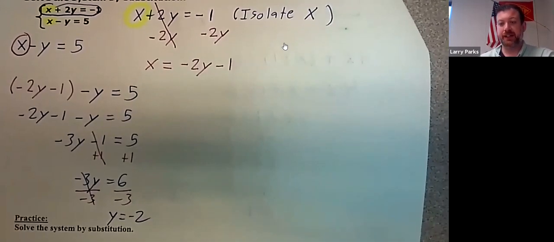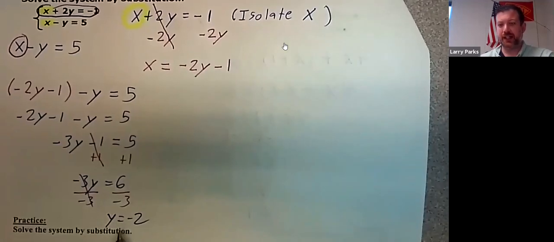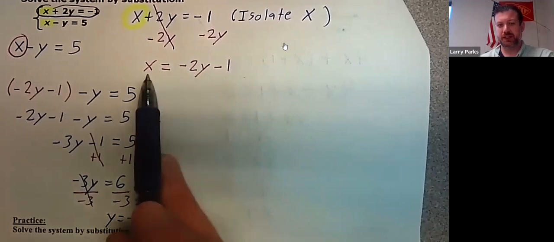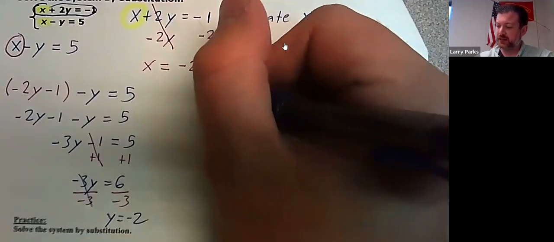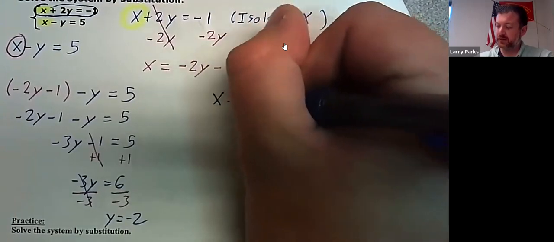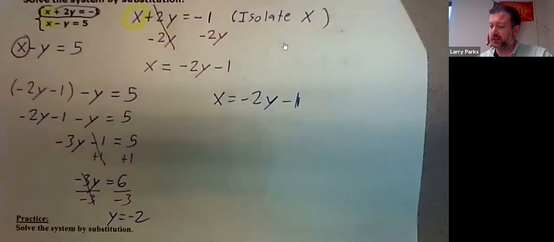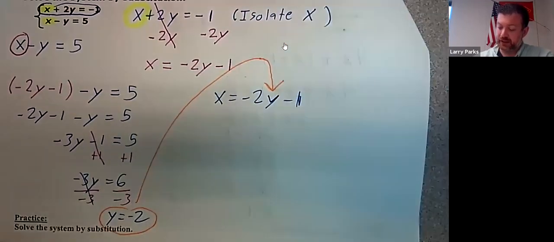Okay. Now I need to find the x value. You can pick any equation that has an x in it and solve. I'm going to pick this one because it's already solved for x. And so I'm going to plug negative 2 in here. So for my notes, I can say I'm taking this, plugging it in to there.